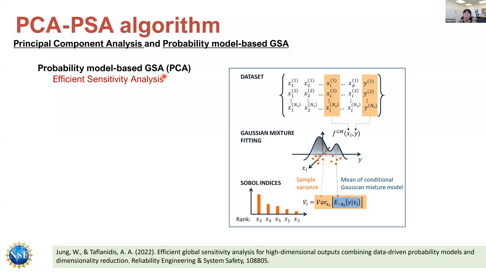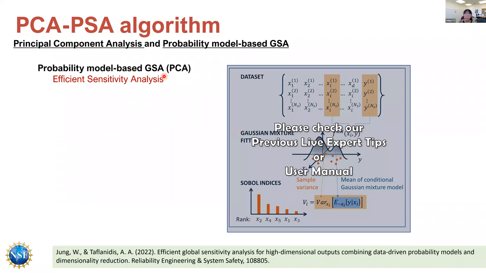But this one was already covered in the previous live expert tip videos, and we also provide many references in our user manual. So I will skip this part in this presentation, but this is really about how to perform the sensitivity analysis more efficiently. And you can learn more about this PCA-PSA algorithm from this reference.